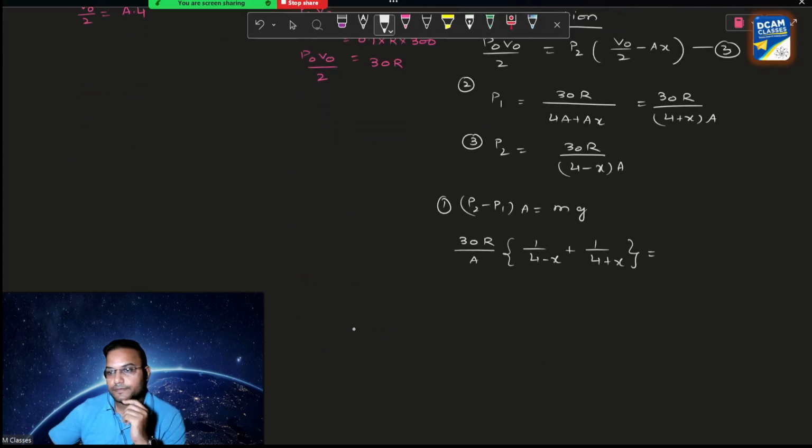The calculation will go higher. The g value also I'll put because they have given it's 10.